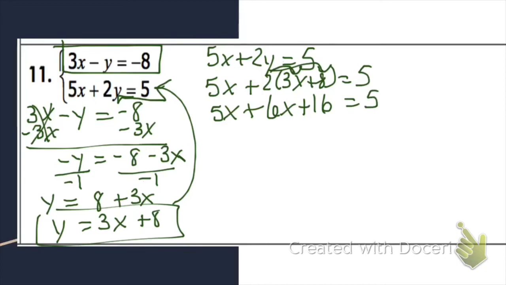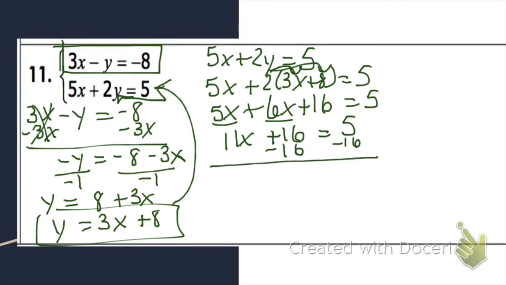Next step in solving equations, I'm going to combine my like terms. I have my 5x and my 6x. I combine them and I get 11x. Carry down my 16, equals 5. And I want to get rid of this constant to get my x by itself. So I'm going to subtract 16, since it's the inverse of adding 16.